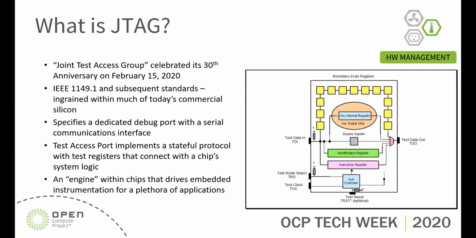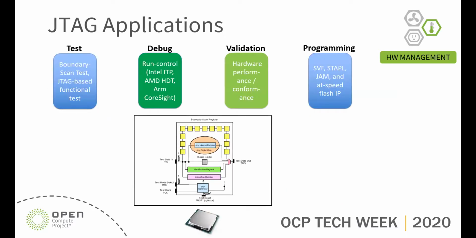So a handful of gates are associated with each one of those yellow boxes, the boundary scan cells, and a couple of hundred gates with the state machine and the TAP controller. That simple and elegant design has been acting for the last 30 years as an embedded engine, and a bunch of applications have grown up around it. Here are just 4 of them in the main categories.